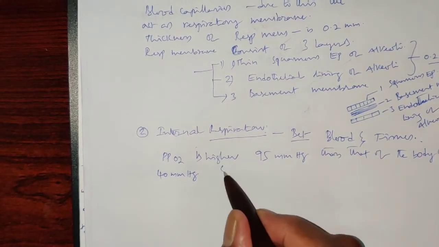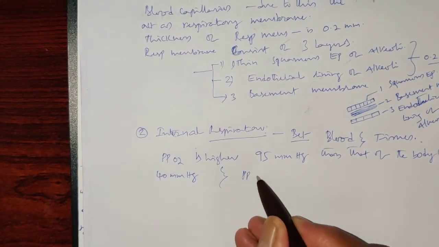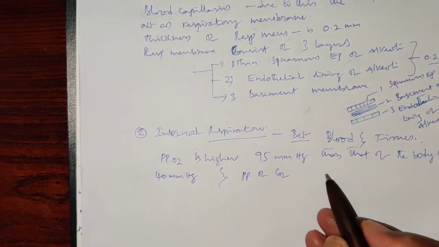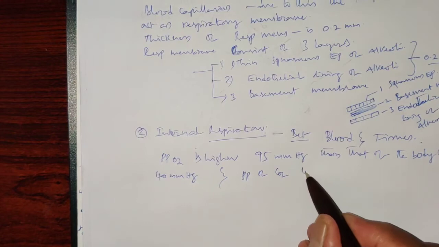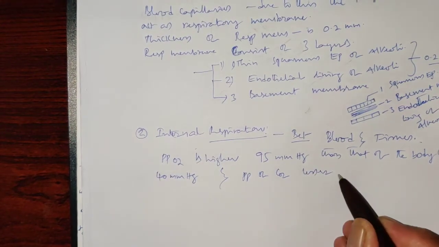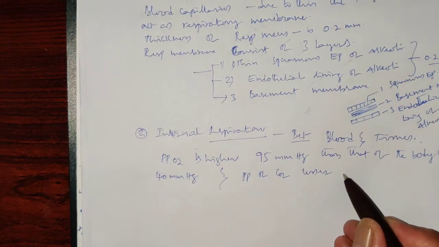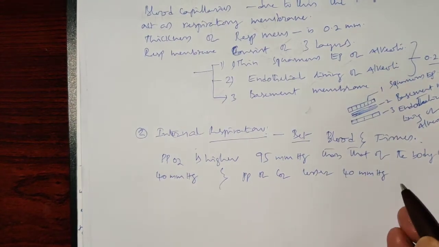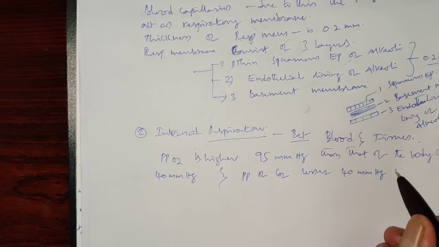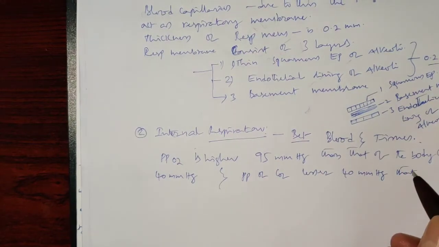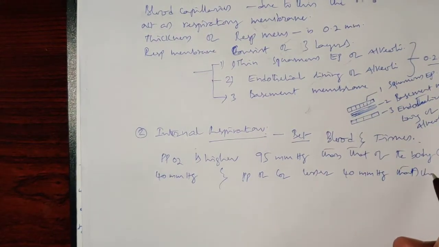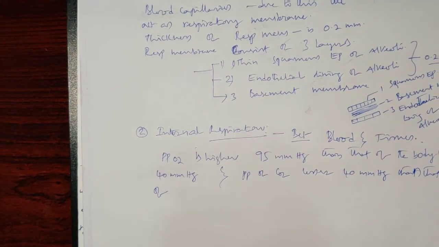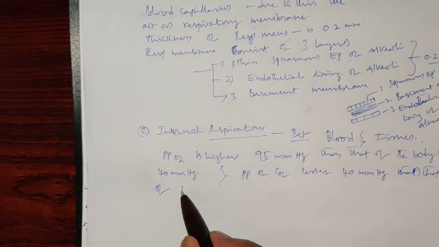And the partial pressure of carbon dioxide is lesser, that means 40 mm of mercury, than that of the body cells.